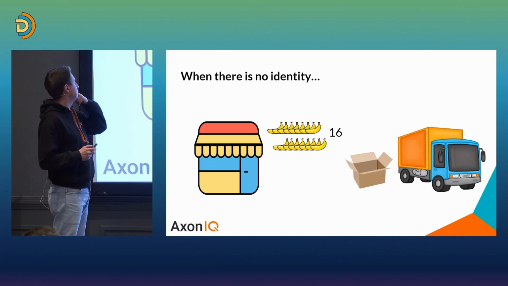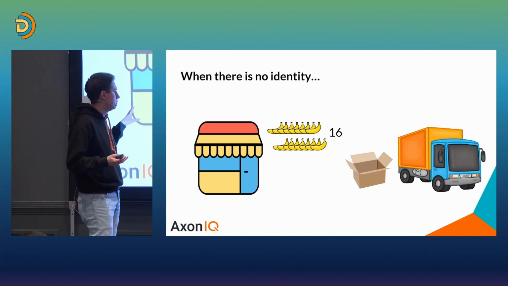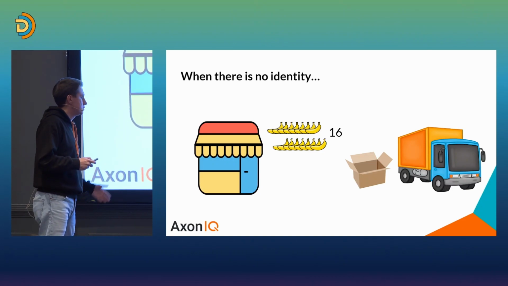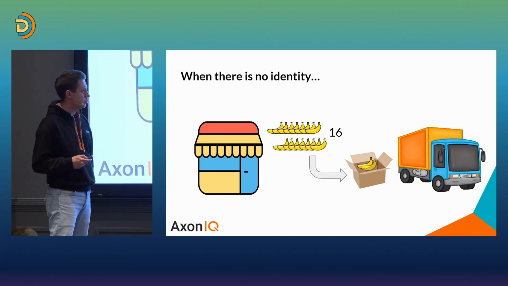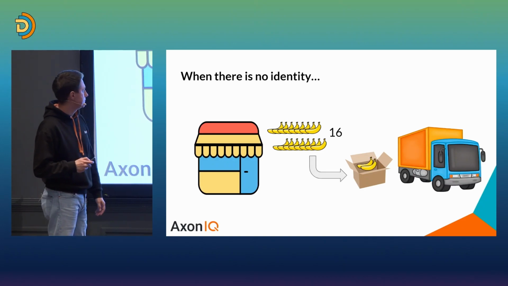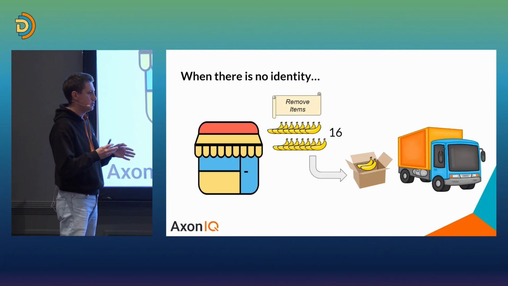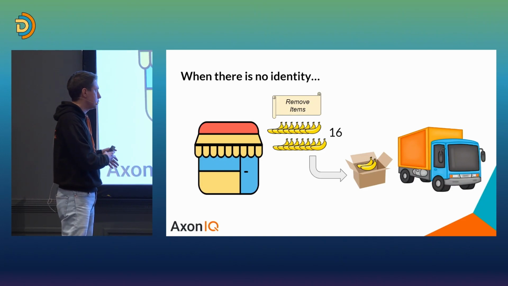But now let's see what we can do when there is no identity. This is a case where we have a warehouse. It stores some goods, bananas in this case, and we want to deliver 2 of them to our customers. For this case, it's really important to know that there is no way for us to uniquely identify bananas in the warehouse.